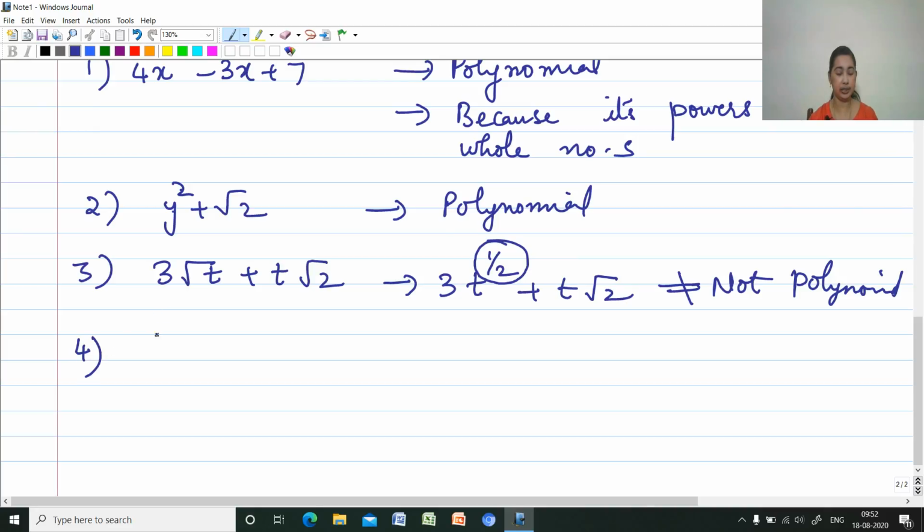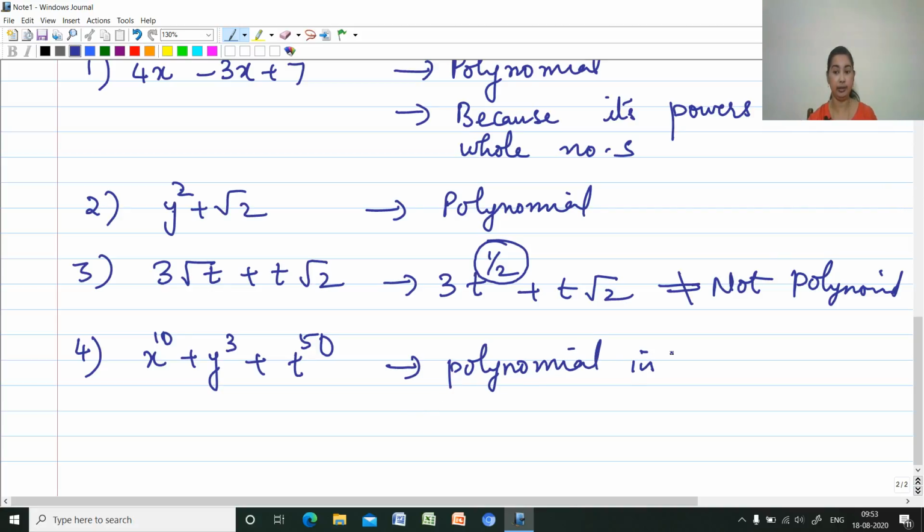Then another question here is x raised to 10 plus y cube plus t raised to 50. It is also a polynomial. Only thing is that it is having 3 variables. That's not asked here. It is a polynomial in 3 variables.